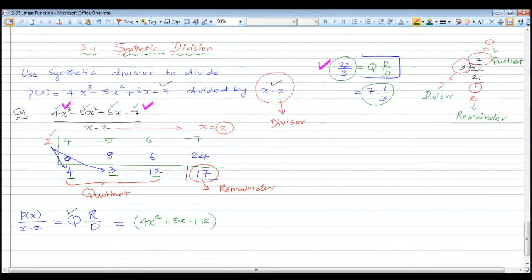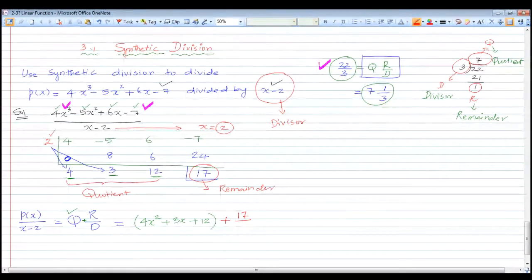Over. Now what do you have to do? The remainder, you have to add it here. What is the remainder? Plus 17, because it is a number. This is R, it is equal to 17 over the divisor.